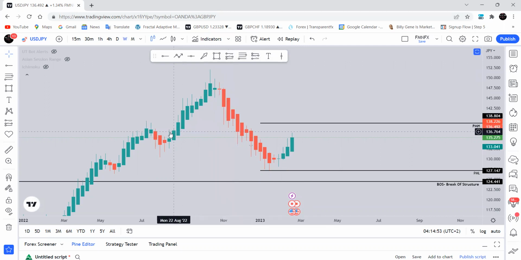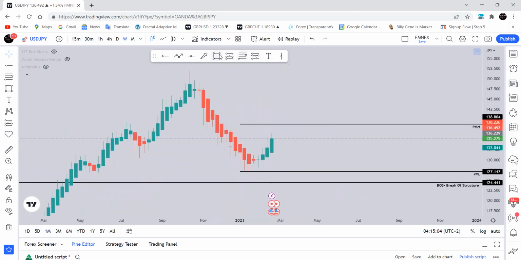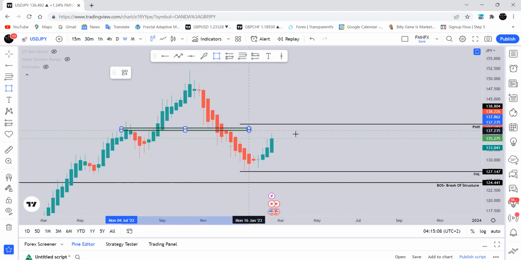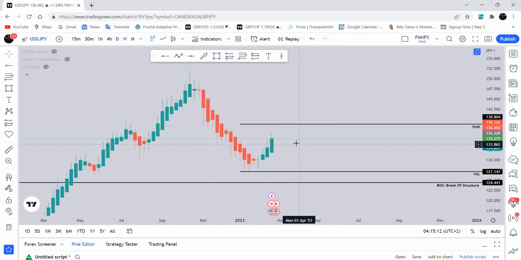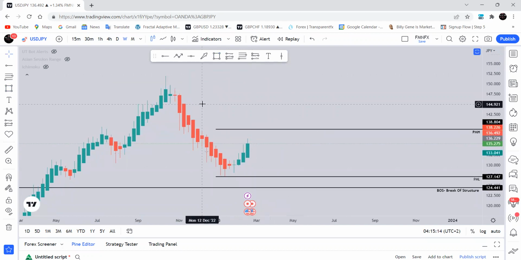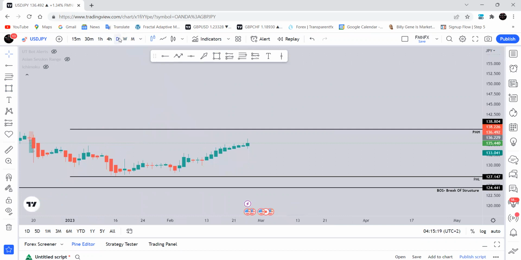My goodness. So we tested that zone. Looks like we're pushing past. Definitely pushing past this zone. Bullish. Okay, so let's go to the daily.